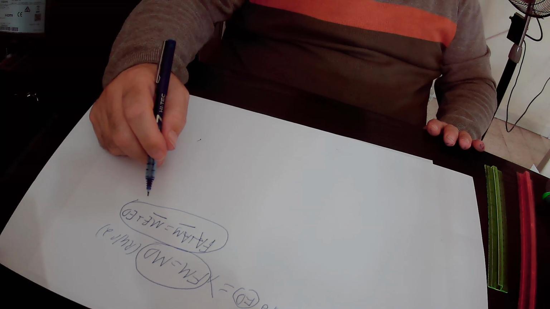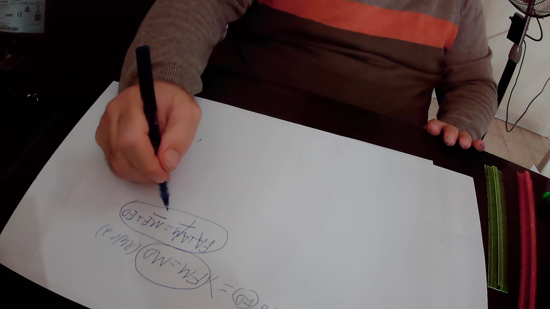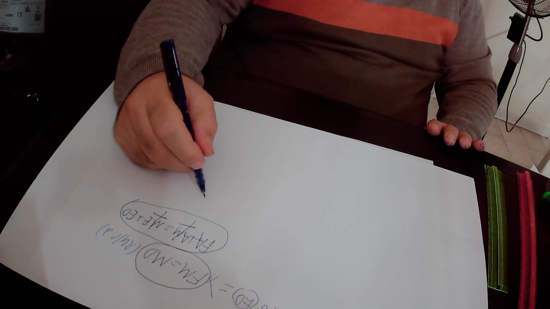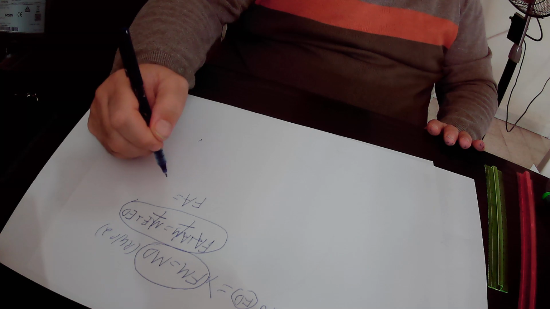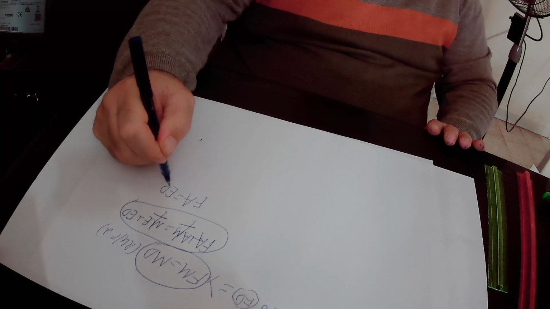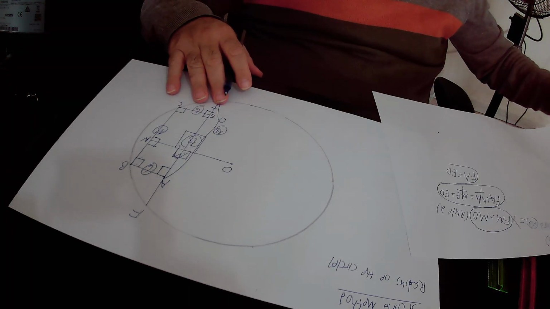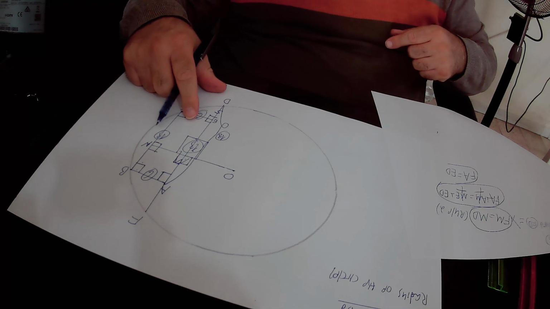It's because of the fact that the two line segments are equal to each other, we can cancel them out. And we're left only with FA equals ED. This line segment FA equals line segment ED.